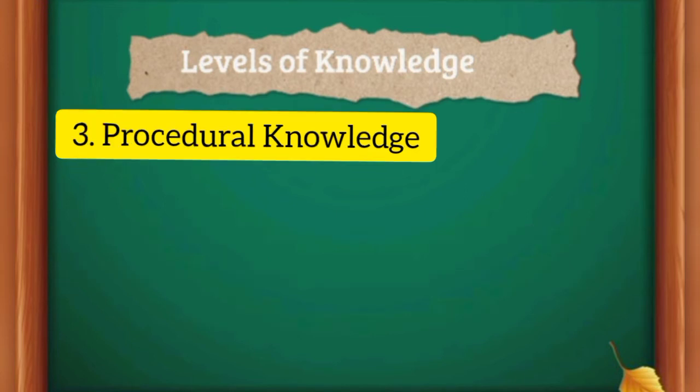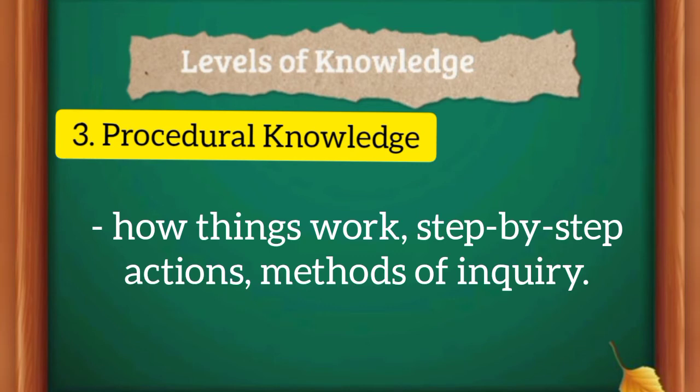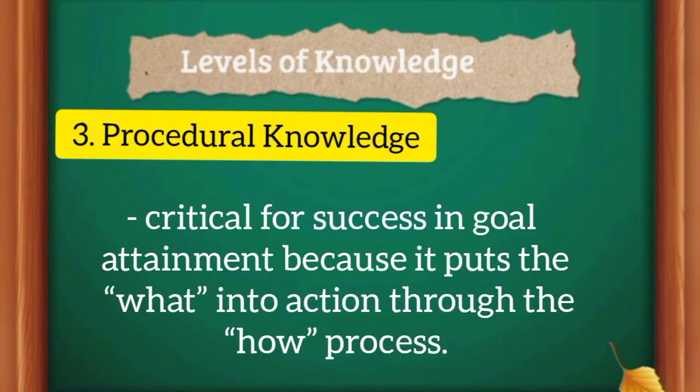The third one, levels of knowledge, is procedural knowledge. It is how things work, step by step actions, methods of inquiry. This knowledge type is critical for success in goal attainment because it puts the what into action through the how process.